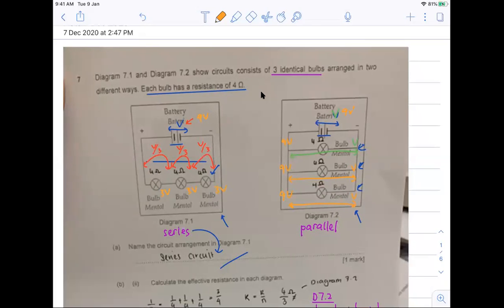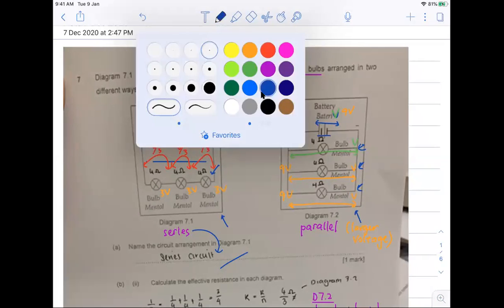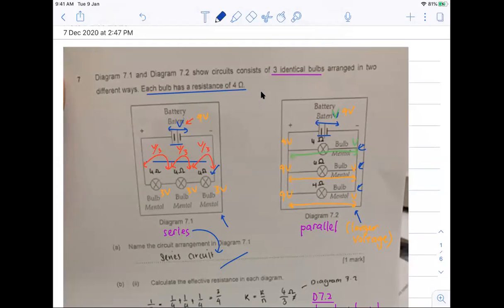From this, we can see that in the parallel connection, all the bulbs will have a larger voltage. If they get larger voltage, the bulb will be brighter.